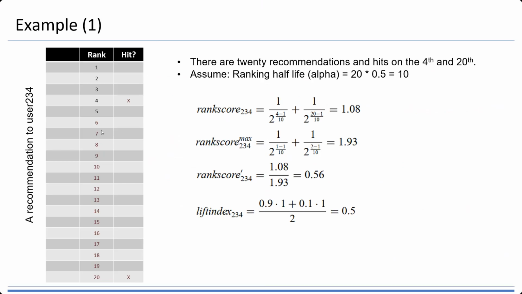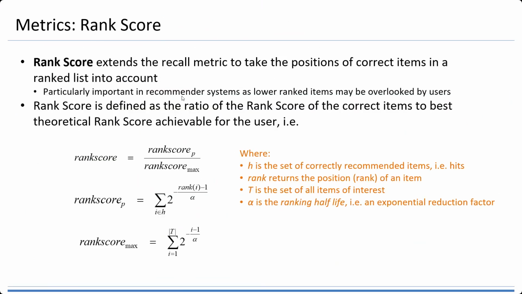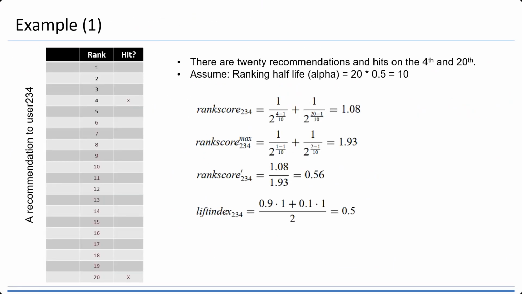Okay. So using the rank score, what is rank score? This is rank score. Okay. So we have this recommendation. So this is the recommendation to a user. So let's say, yeah, user 234. And we have the item number, let's say this is the rank 1, this is item 1, this is item 2, item 3, item 4.